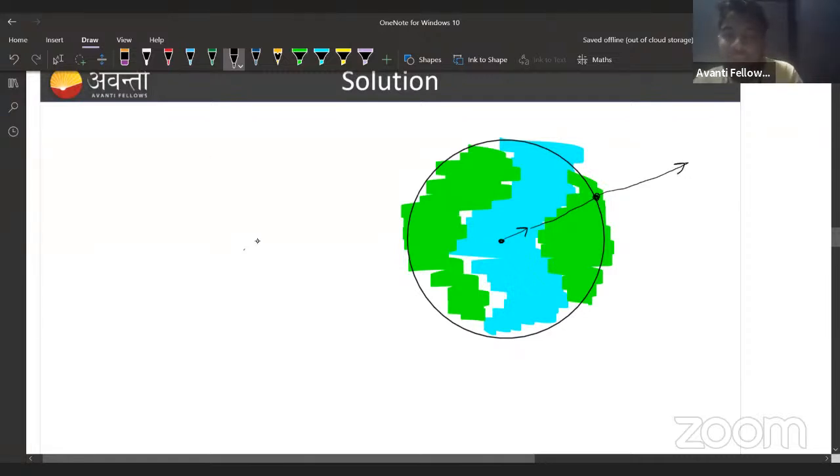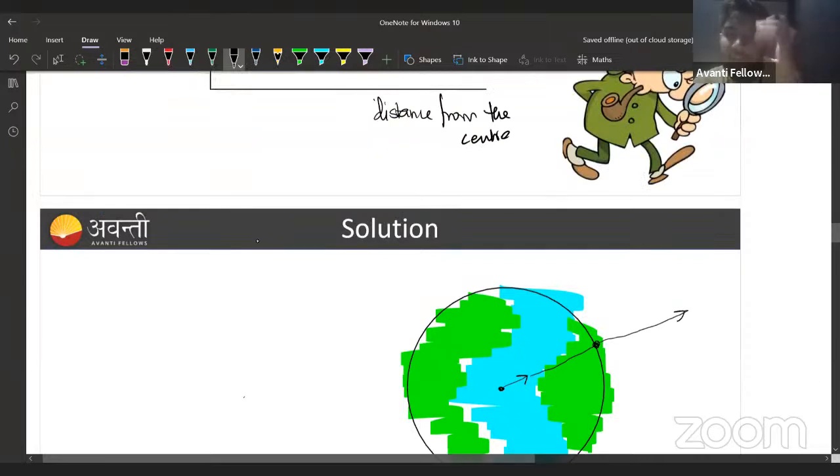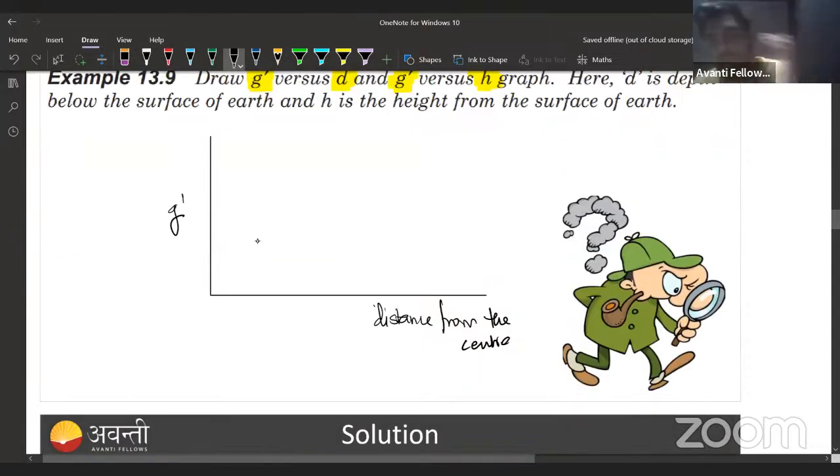So this point is the center. As we are moving away, that value will increase, and it will become maximum when our distance from the center is equal to the radius of the Earth, or else I can say at the surface, right? After that, it will start decreasing.